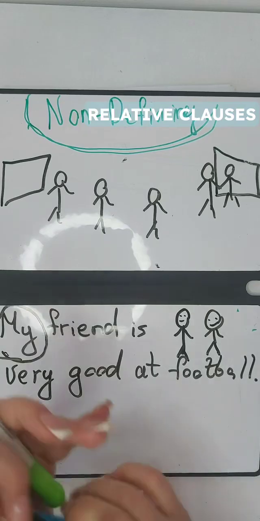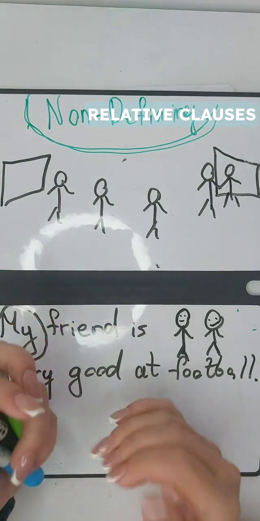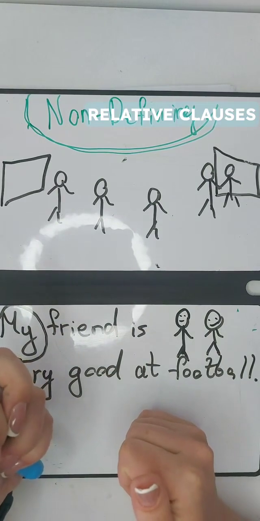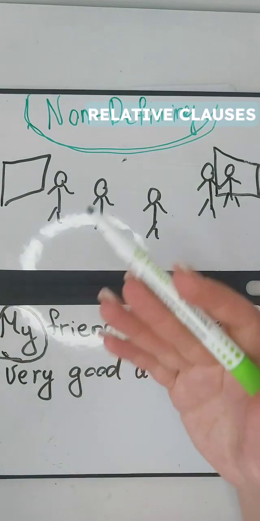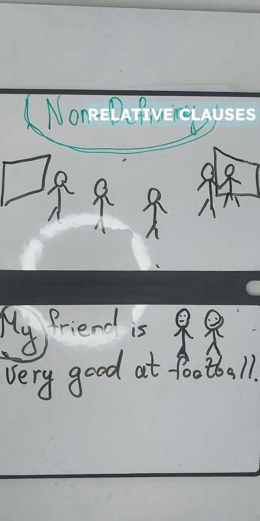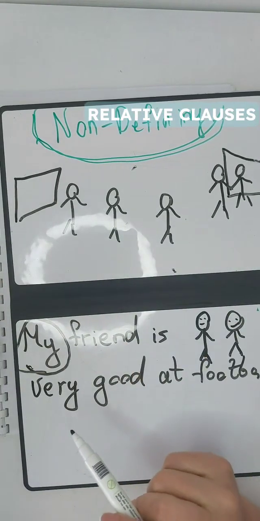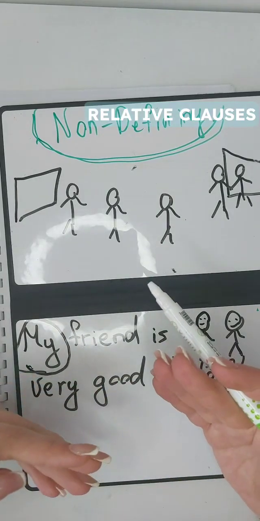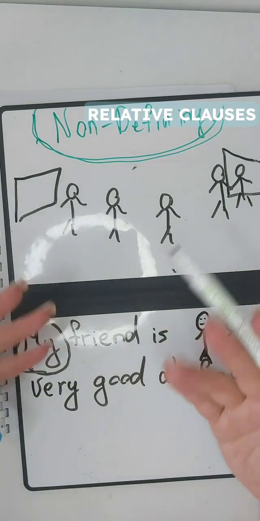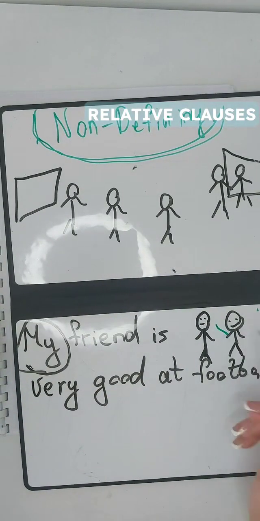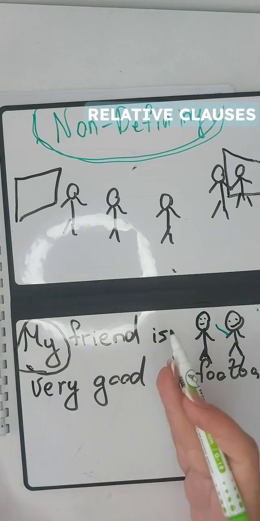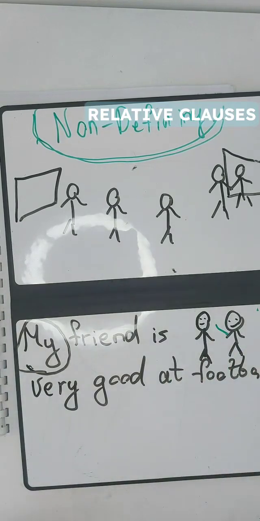Okay? When we start the sentence with my friend, we already know that the listener can understand which boy we are talking about. So usually we start non-defining relative clauses with my friend or just use their names because we already know that the listener already knows who we are talking about. Okay? My friend is very good at football.